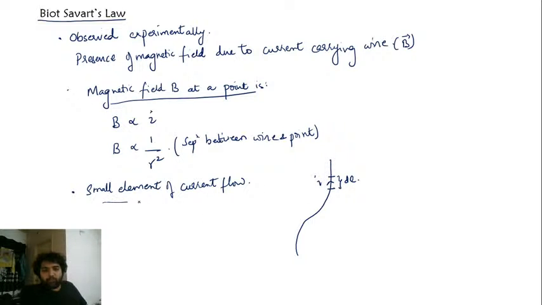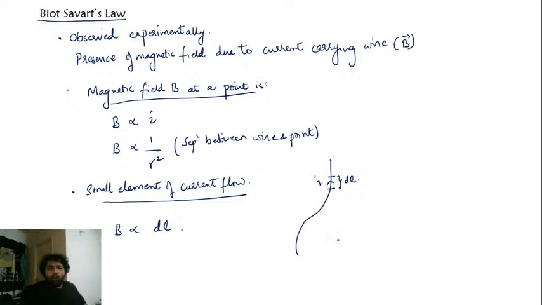It was observed that for a small element of current flow, B was proportional to I into dl also. So it was proportional to length and proportional to I. Obvious, no, more length means more field was observed, less length means less field. Current more, field more, current less, field less, and distance inversely proportional to its square.